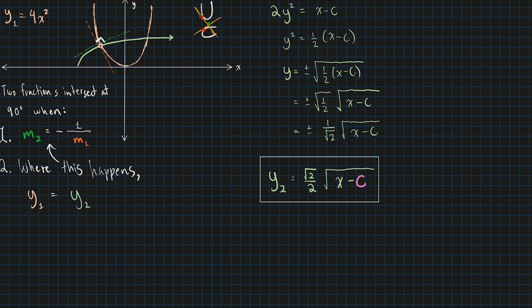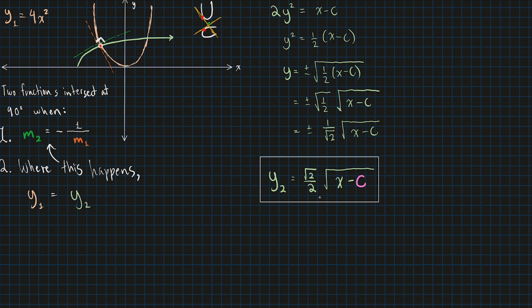So really, to find m1, we have to take the derivative of our orange parabola, or this equation here, y1. The orange parabola is our y1, so to find m1, or an expression for it, at least, we have to take the derivative of y1. And the same thing with m2. We have to find the derivative of our function y2.